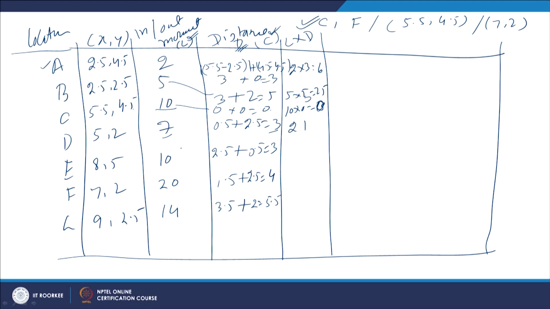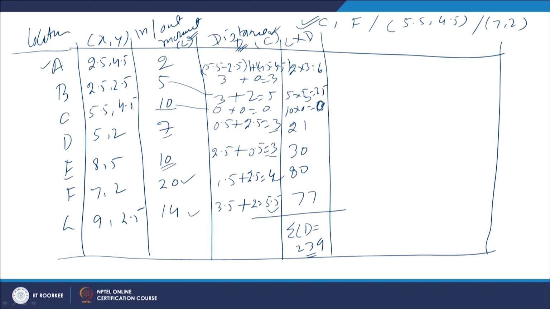Load inward outward movement in terms of the load is 10 and the distance to be travelled is 3. So, here it is 30. So, 20 into 4 is 80 and 14 into 5.5, so it will be giving us 77. And sum of all these load into the distance for the potential site C will be equal to 239.